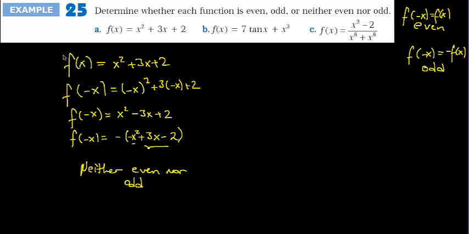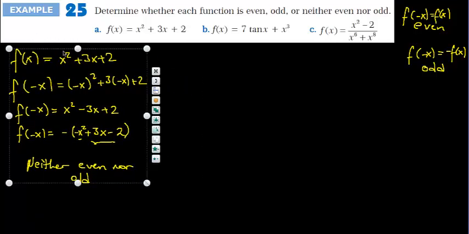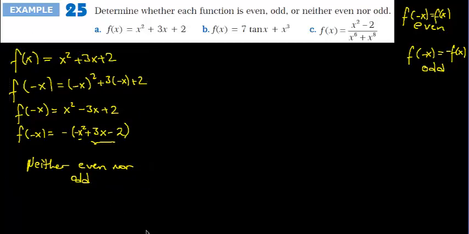Okay, the second one, tangent function and x cube function. And here, the important part, what is the value of tangent minus x? I need to remind you about that one.